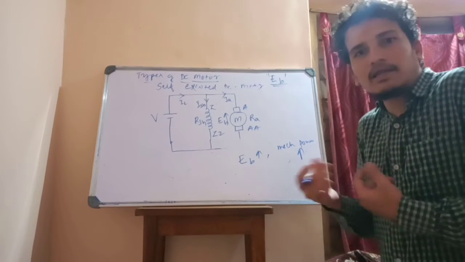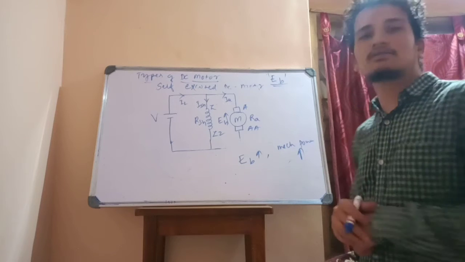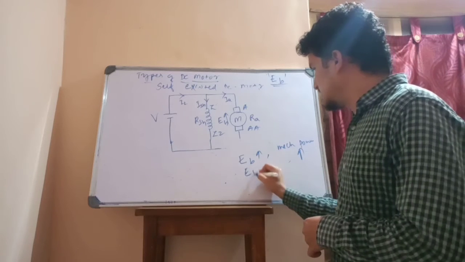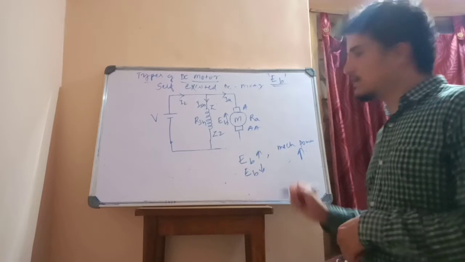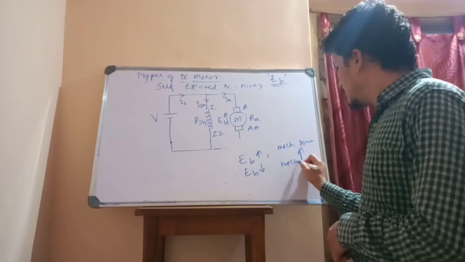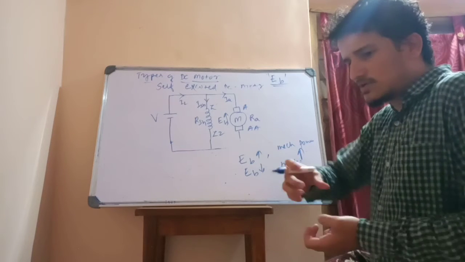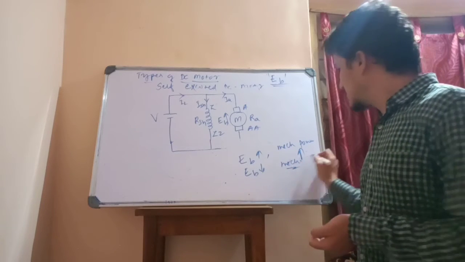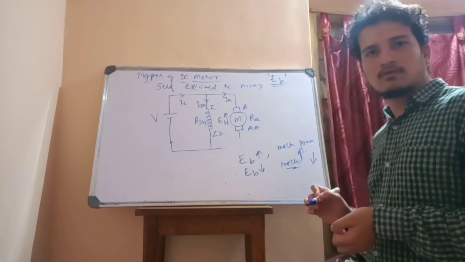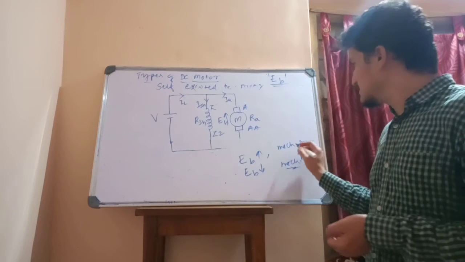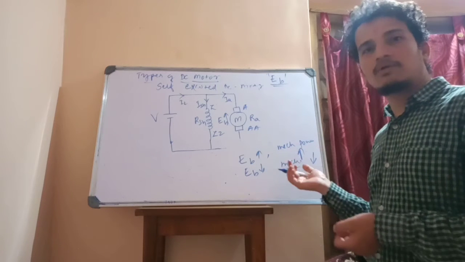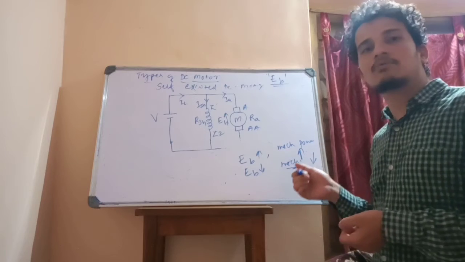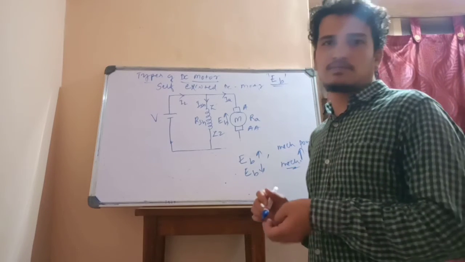The available mechanical power increases. If EB decreases, the maximum power developed to drive the load decreases. So if EB increases, mechanical power developed increases. If EB decreases, mechanical power developed decreases.